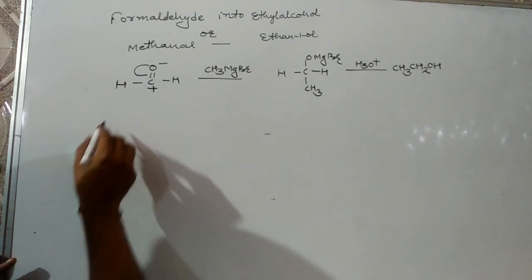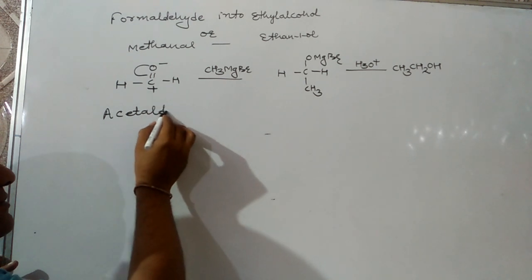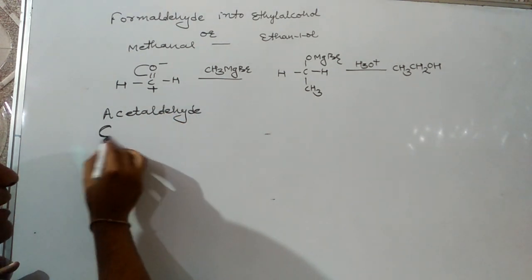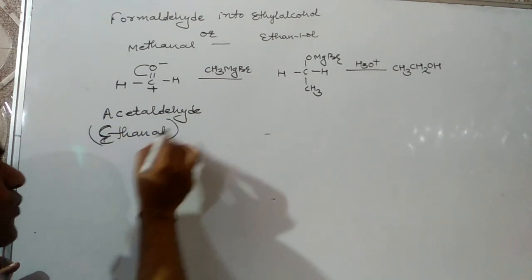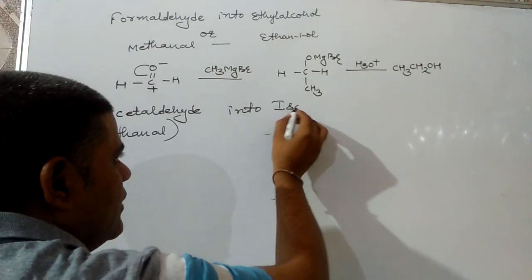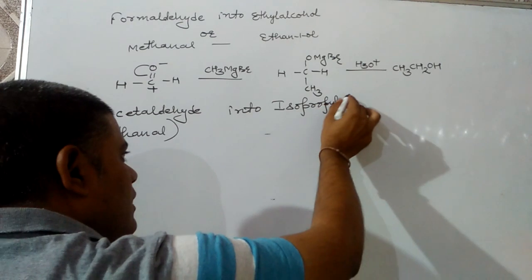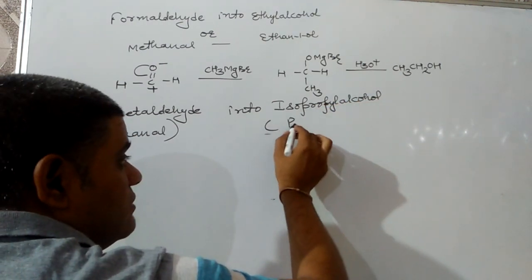Next question may be: convert acetaldehyde, that means ethanal, into isopropyl alcohol, that means propan-2-ol.